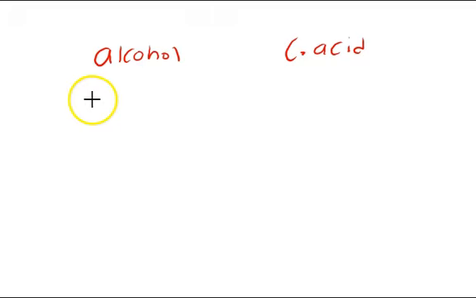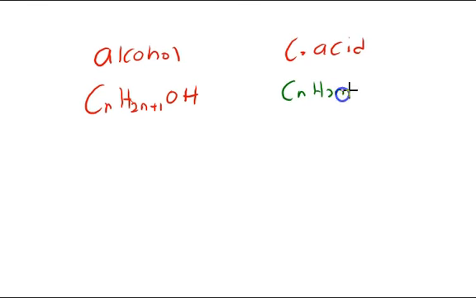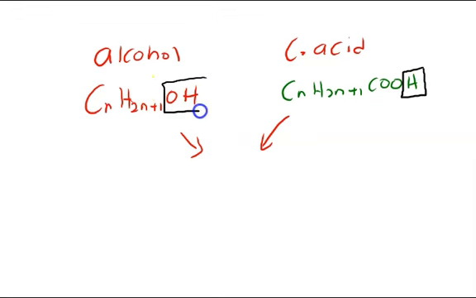The formula for the alcohol will be CnH2n+1OH, and for the carboxylic acid you have the same, with a COOH. What happens when both of these combine is that the hydrogen of the acid combines with the OH. So I'm going to write here the ester's formula.